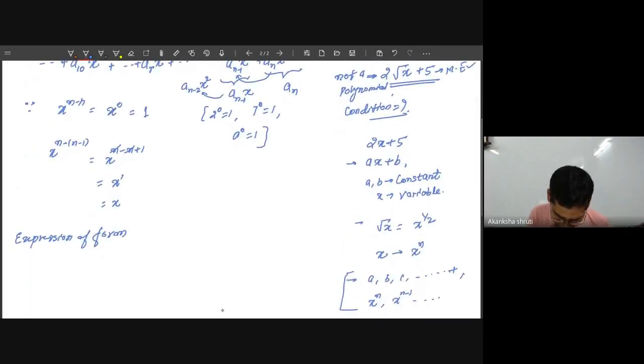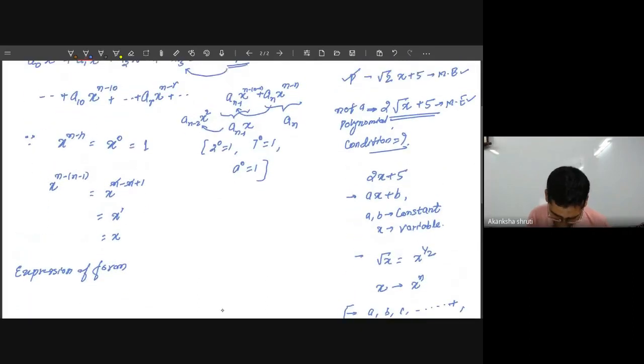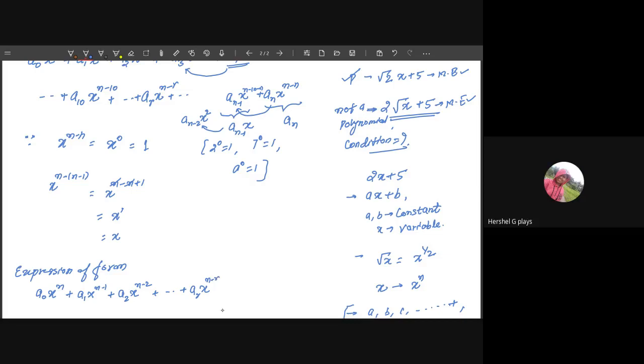The very first term will remain as a0 x to the power n. The second term a1 x to the power n minus 1. The third term a2 x to the power n minus 2. What will be the general or rth term? ar x to the power n minus r.